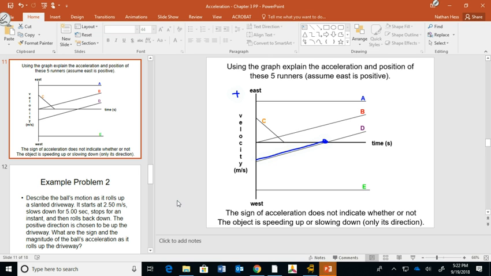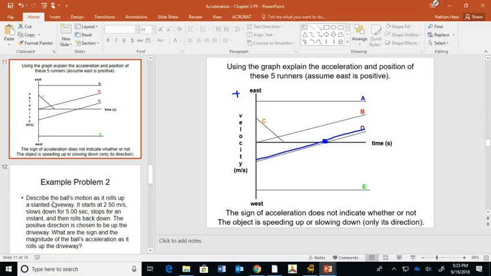But unlike C, D keeps going. It then continues on in the eastward direction. So it actually is going west, slows to a stop, and then turns around and goes east, all moving with the same consistent and constant acceleration.